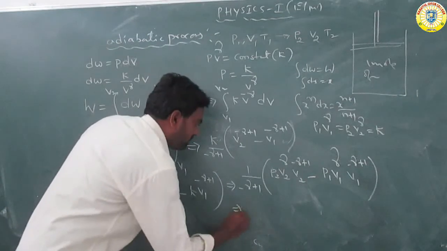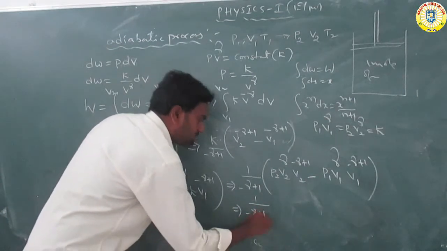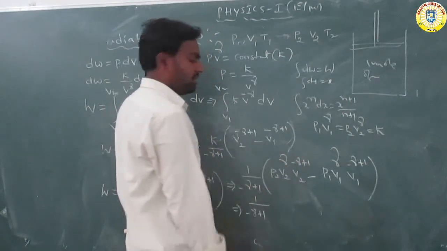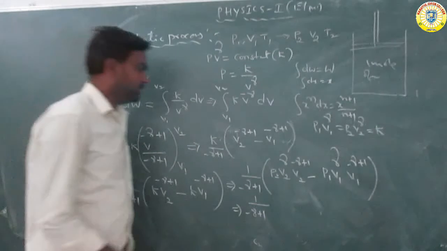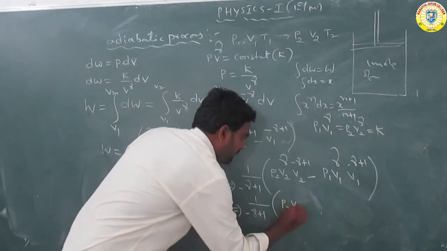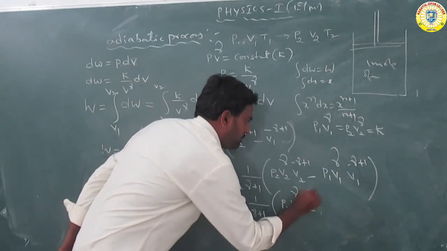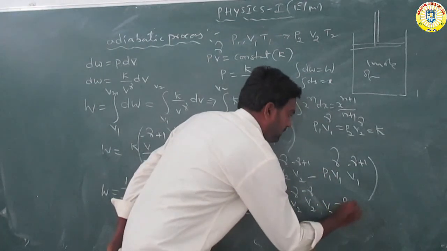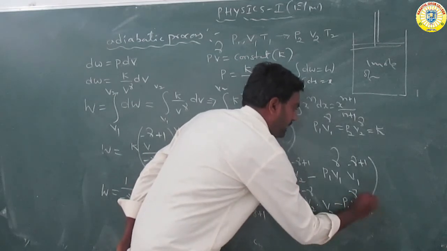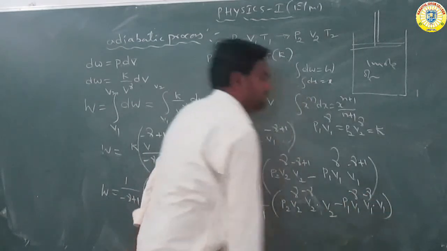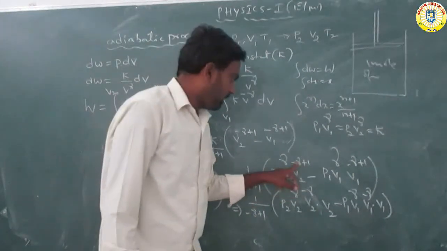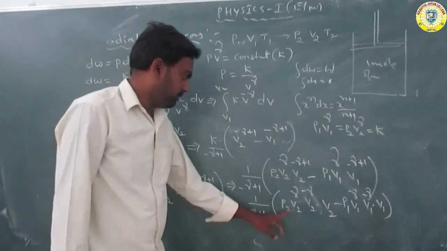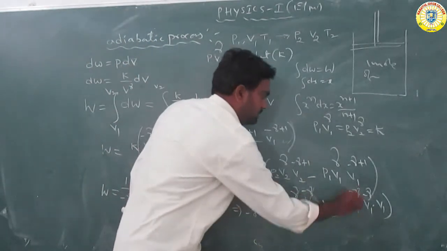Now we have 1 by minus gamma plus 1 times P2 V2 to the power of gamma times V2 to the power of minus gamma plus 1, minus P1 V1 to the power of gamma times V1 to the power of minus gamma plus 1. Using V to the power of A plus B equals V to the power of A times V to the power of B, the terms cancel.